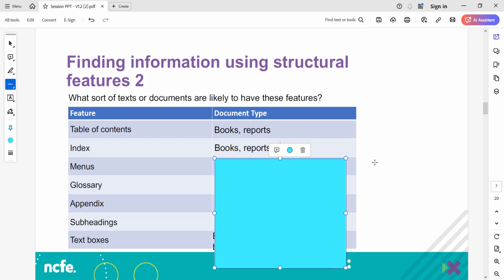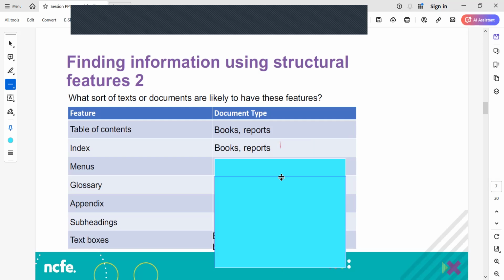Think of a recipe book, which is something most people would be familiar with. If you want to look up a recipe that includes chicken, you would look in the index alphabetically and find it, and it would tell you the page numbers. So menus we would find on websites.